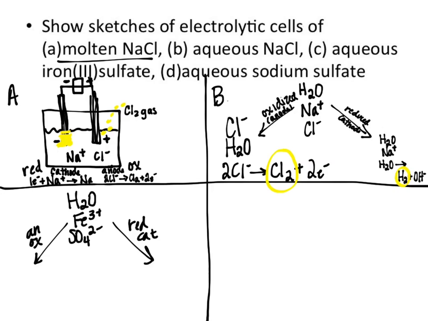So what will be reduced? We know metals tend to reduce. So we have water or iron 3. So which one are we going to reduce? Iron, because it's not group 1 or 2. So we're going to reduce iron.